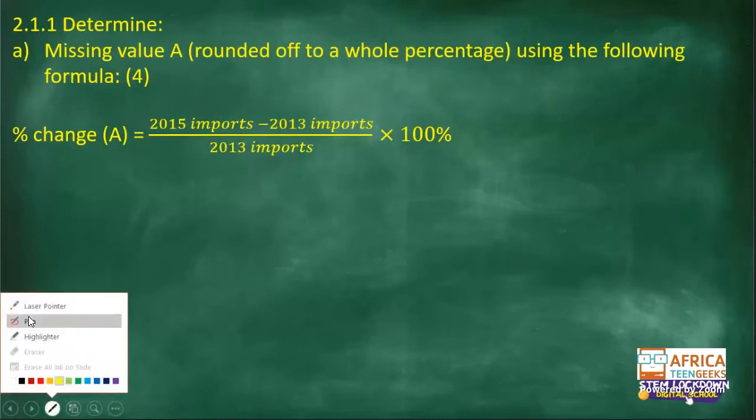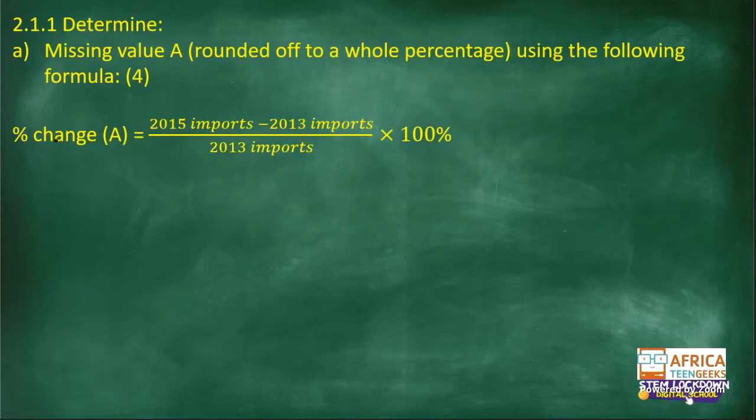We've been using this formula when we were calculating the percentage change. Right now, it's stated in context with the table we're working with: 2015 imports minus 2013 imports over 2013 imports, multiplied by 100.